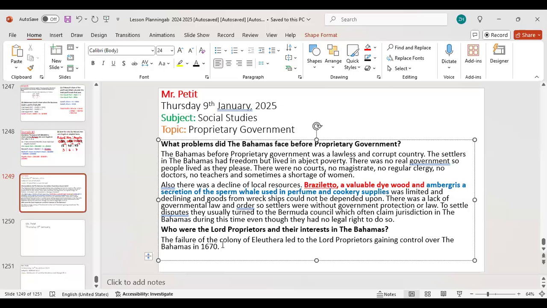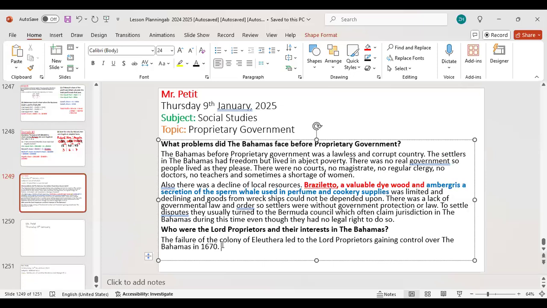What happened is that William Sayle ended up writing to Lord Ashley, begging them to take control of the Bahamas, because even though he wasn't in the Bahamas, he still felt that his people were there, and he felt a burden to help them.